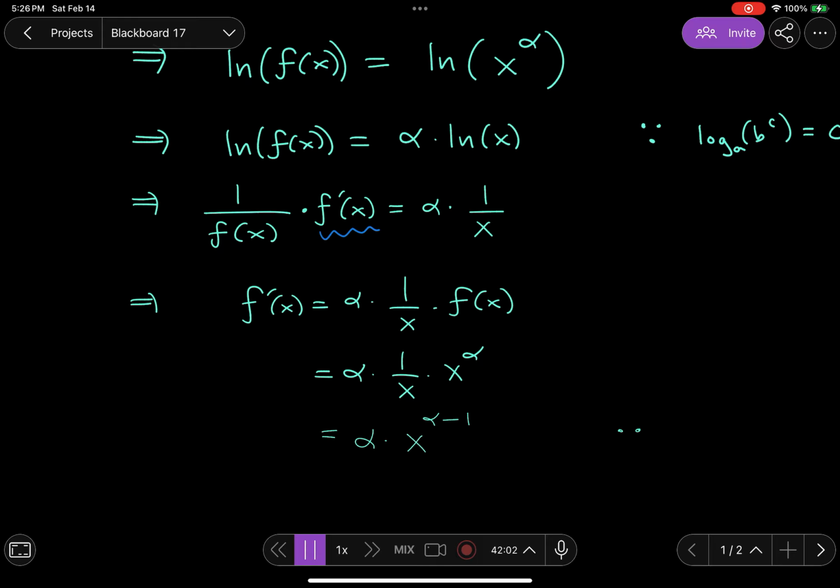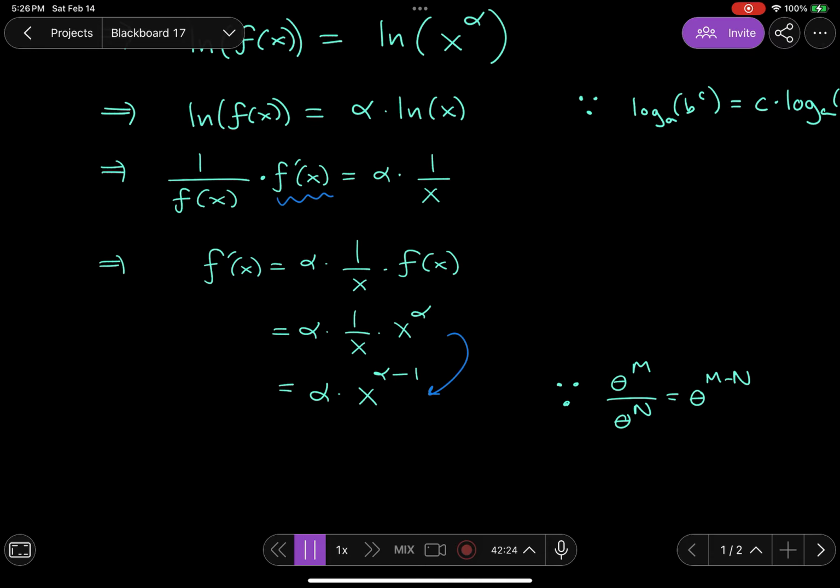So again, that's because theta to the power of m divided by theta to the power of n is the same thing as theta to the power of m minus n. That's what was used from here to here. Powerful. We did it. I keep saying powerful, and it's the power rule.